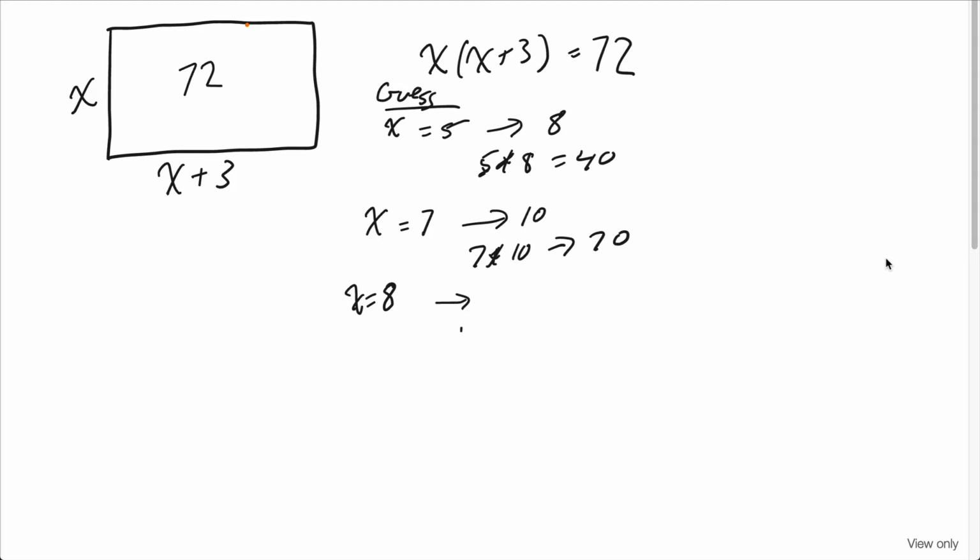And then, so that's 8 times 11, which is 88. Okay, and that's too much, as I would expect. So we can do something similar as before. We have 7, and we had 70 here. We've got 8 and 88 over here.